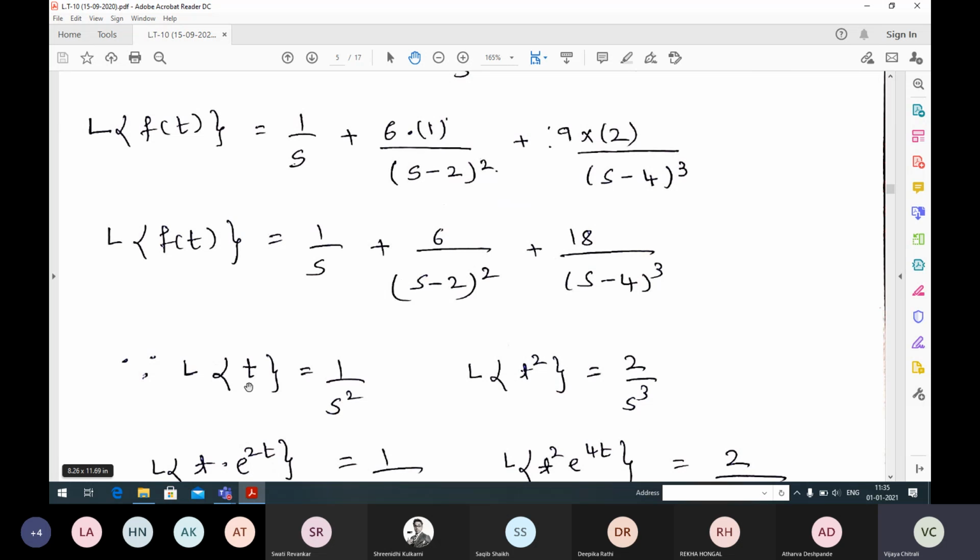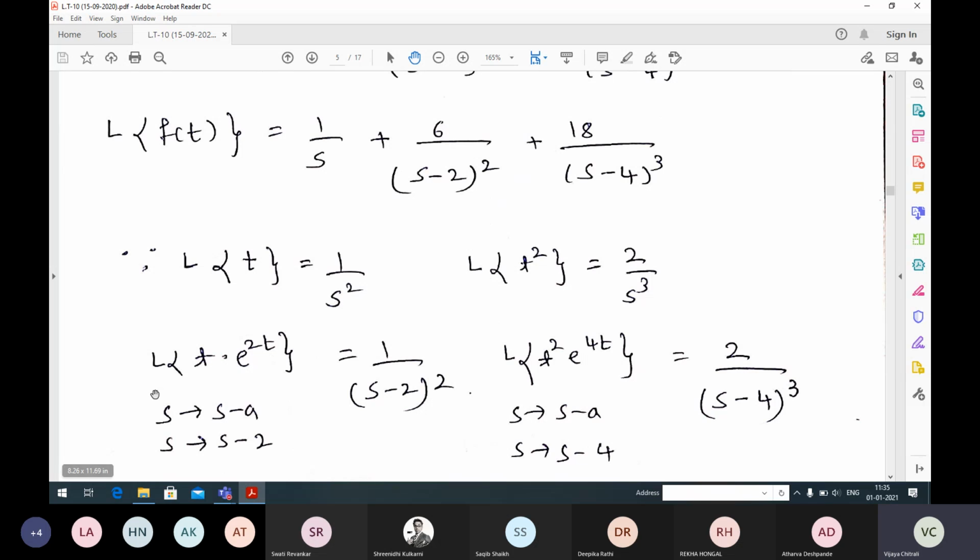So what is the Laplace transform of t? 1 by s square. The Laplace transform of t square will be 2 divided by s cube, right? So for the Laplace transform of t e raised to 2t, the function f of t is t multiplied by e raised to at, and we change s to s minus a, here s to s minus 2.